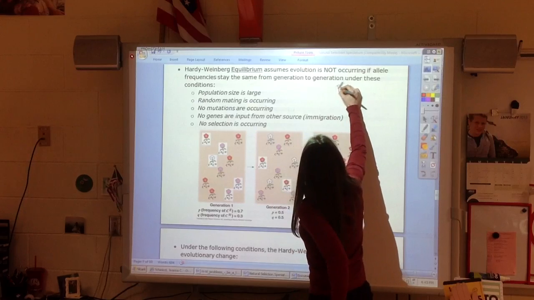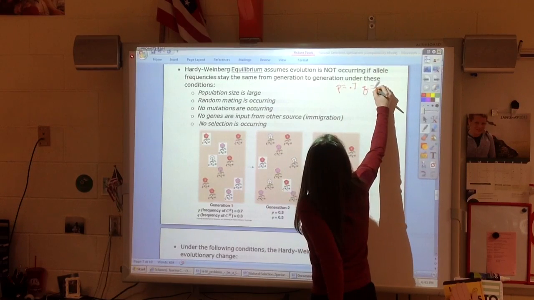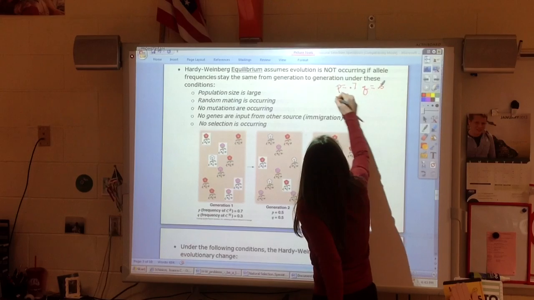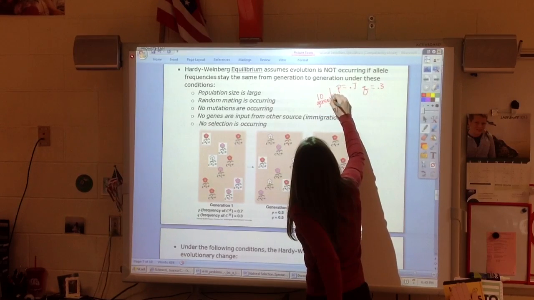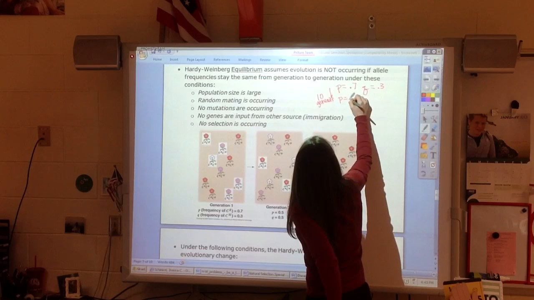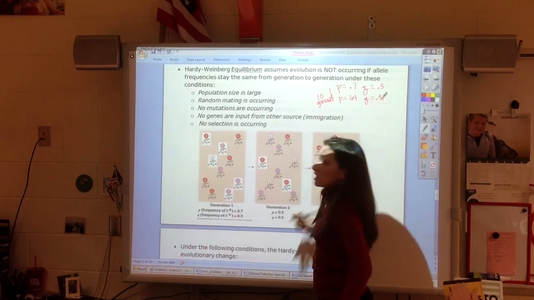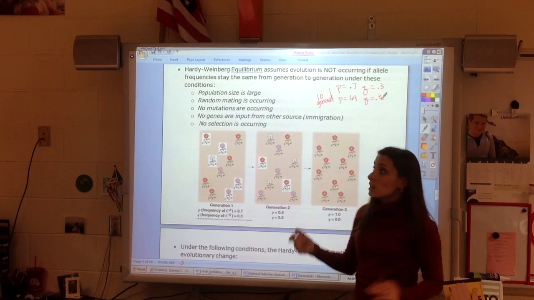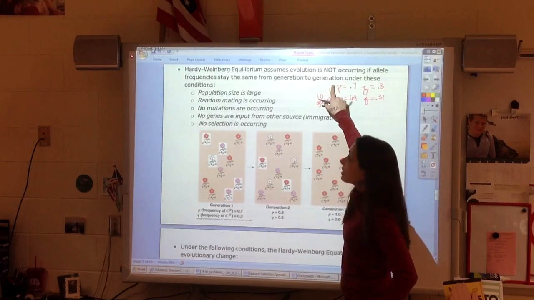So if my P is 0.7 and my Q is 0.3, if I look 10 generations later and my P is 0.69 and my Q is 0.31, that's not a significant change. Therefore, my allele frequencies are mostly staying the same.